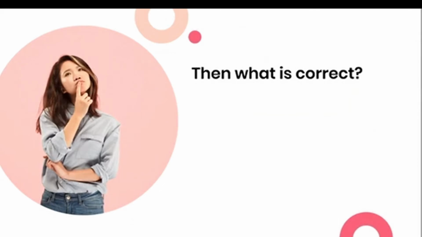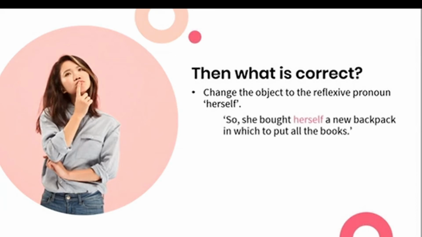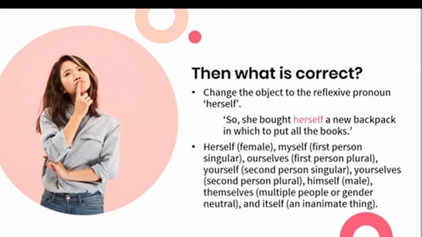Now, instead of changing the object Hannah to the object pronoun her, we have to change it to the reflexive pronoun herself. We are then left with, so she bought herself a new backpack in which to put all the books. Perfect. Now, herself is the female reflexive pronoun. Other reflexive pronouns are myself, ourselves, yourself, yourselves, himself, themselves, and itself.